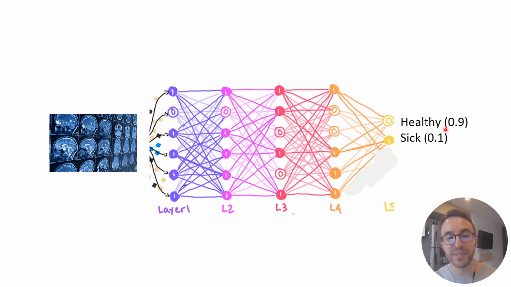Well, that's labeled data. So you could actually train a neural network on all that data, and then a new patient comes into the doctor's office, they get a scan, and then you pass that scan through the neural network, and the neural network tells you this scan is healthy or this scan is sick.